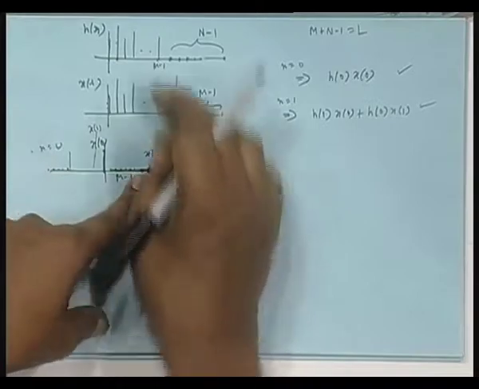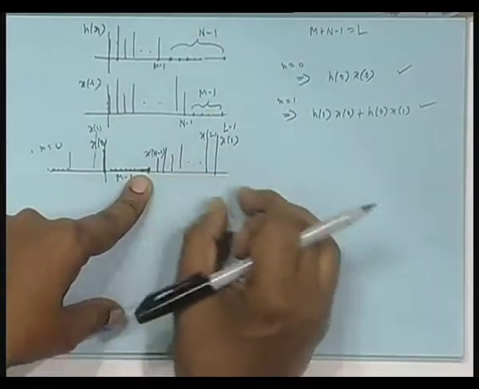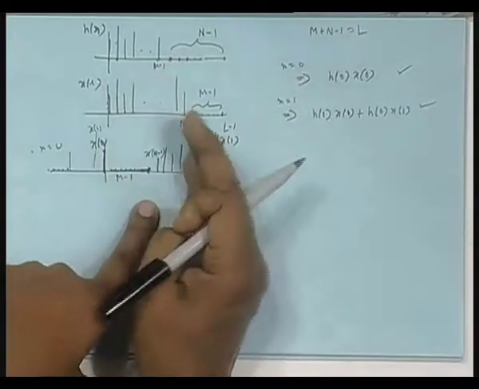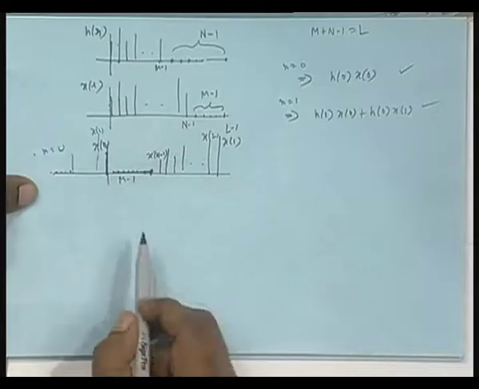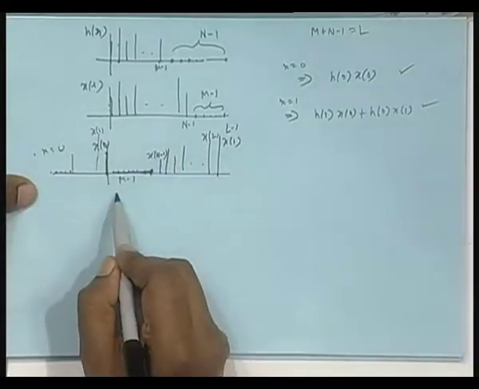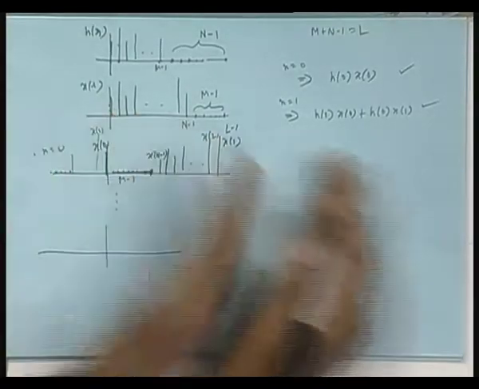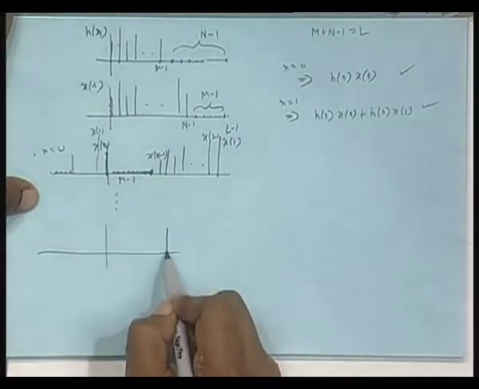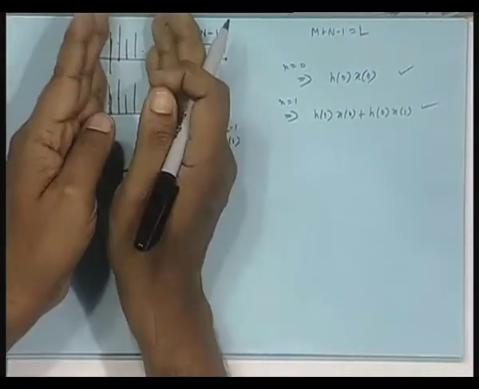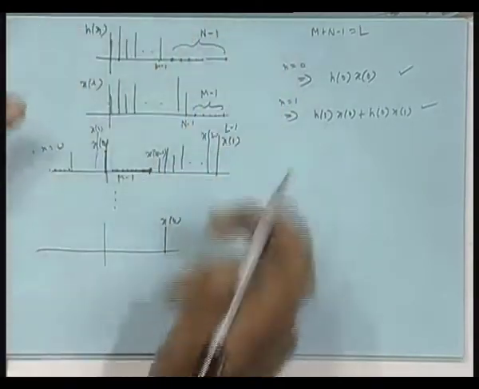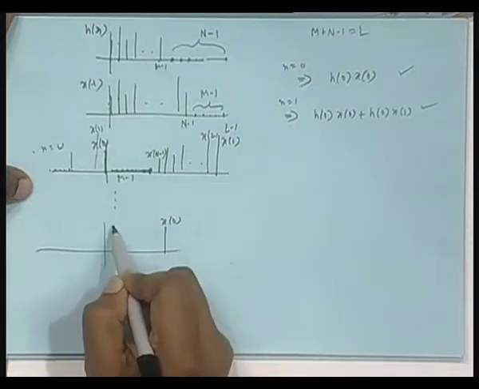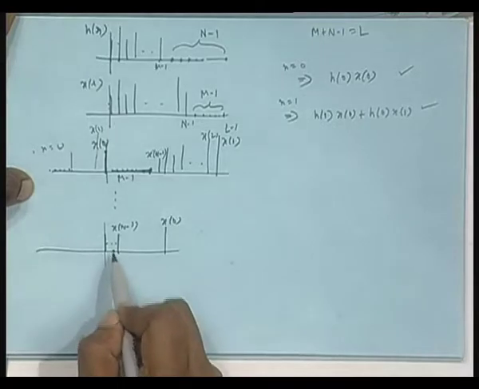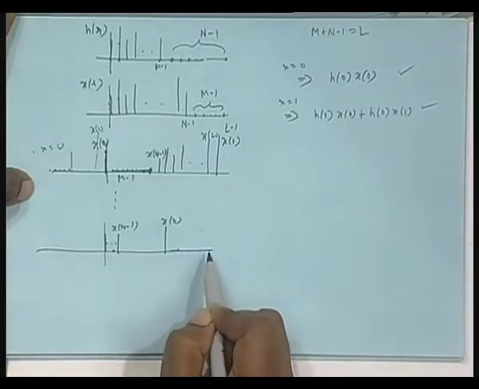Subsequently, part of the samples will be multiplied by zeros, this sample will be multiplied by part of these zeros, and so on and so forth. After a while, what will happen? As I go on shifting, you will have a situation where this data has come here, but to the right of this, this is the data block, and I have got some zeros here.